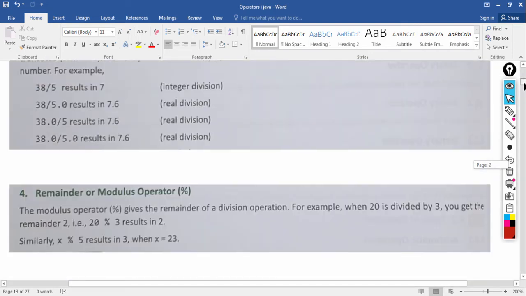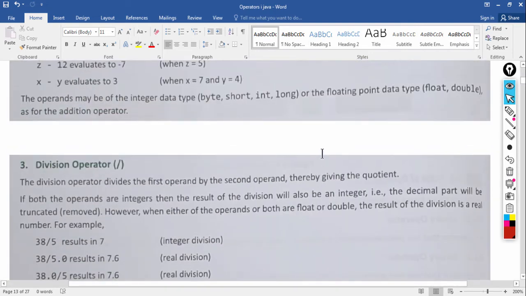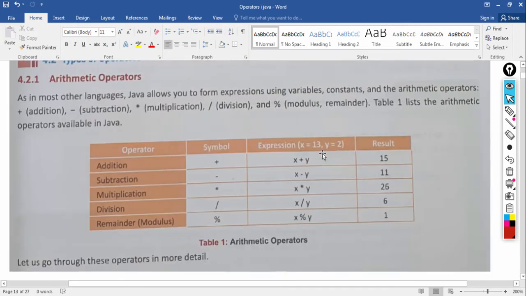So let's try to understand all these different kinds of operators.